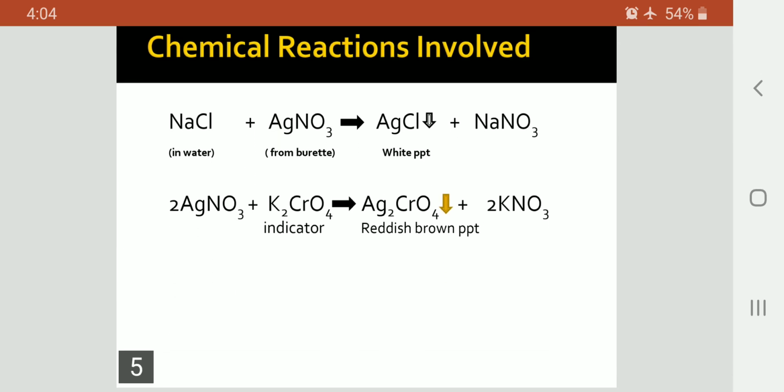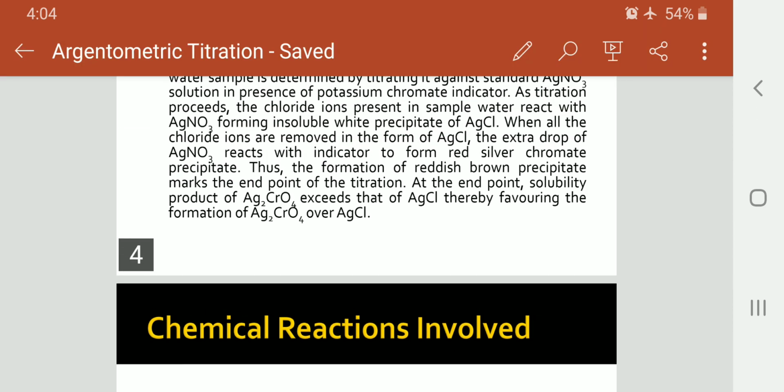So in the next reaction, when all the chloride ions are attached with the silver, a single extra drop of silver nitrate reacts with the indicator, potassium chromate, leading to the formation of silver chromate precipitate, which is reddish brown in color.